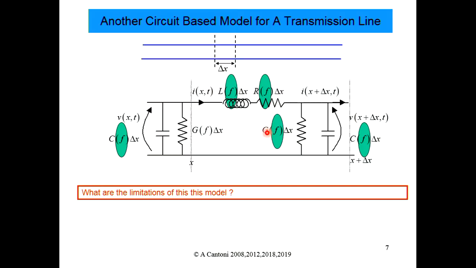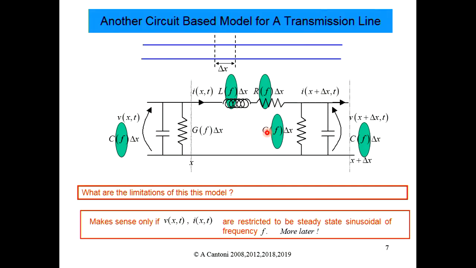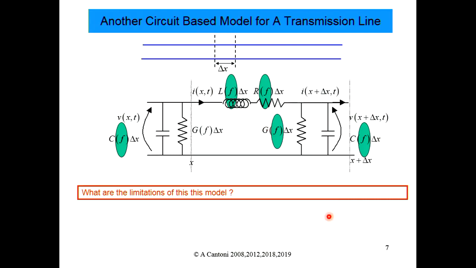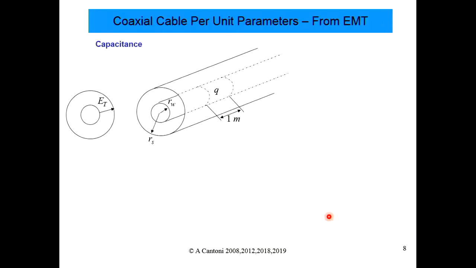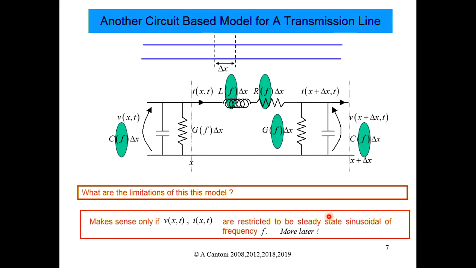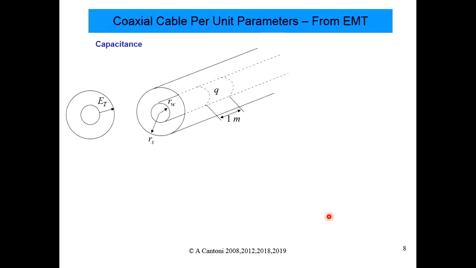When we put f in there, we mean we're just talking about the model that's applicable for one frequency. But we'll look at that later. So first of all, we're going to look at it frequency independent, and then we'll look at the frequency dependency later, just for sinusoidal signals. But we'll first start off with the frequency independent model.